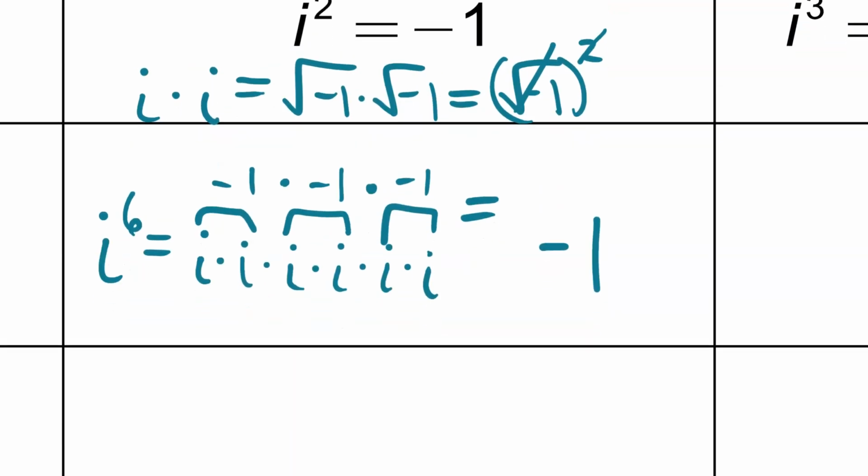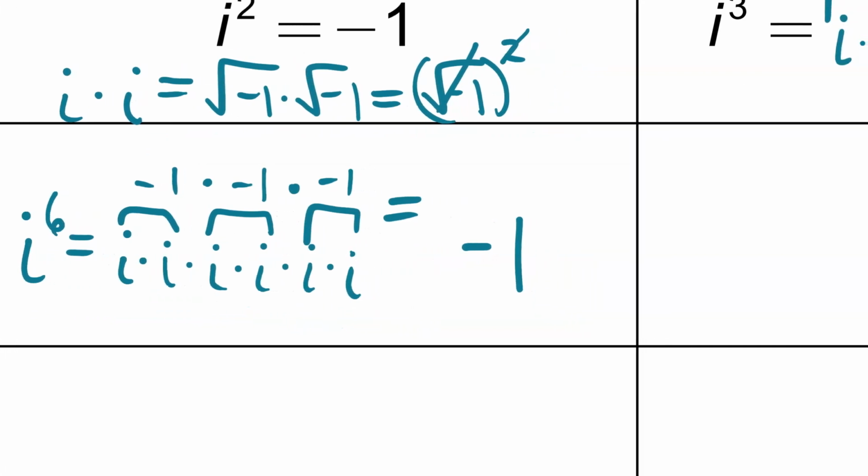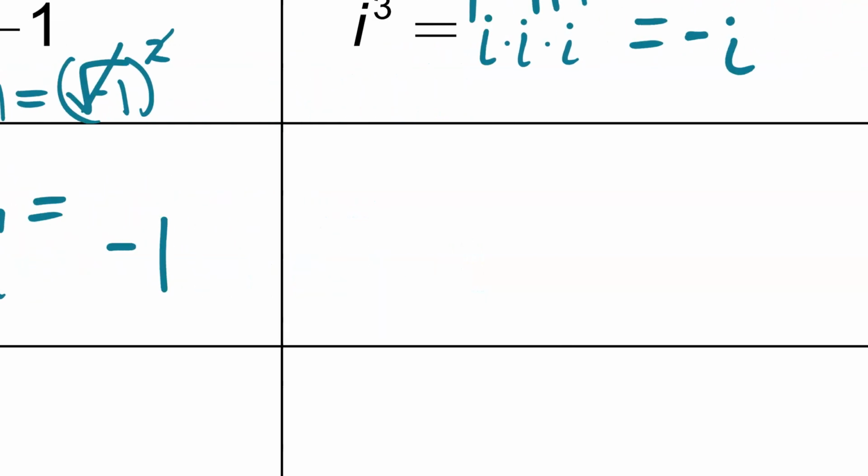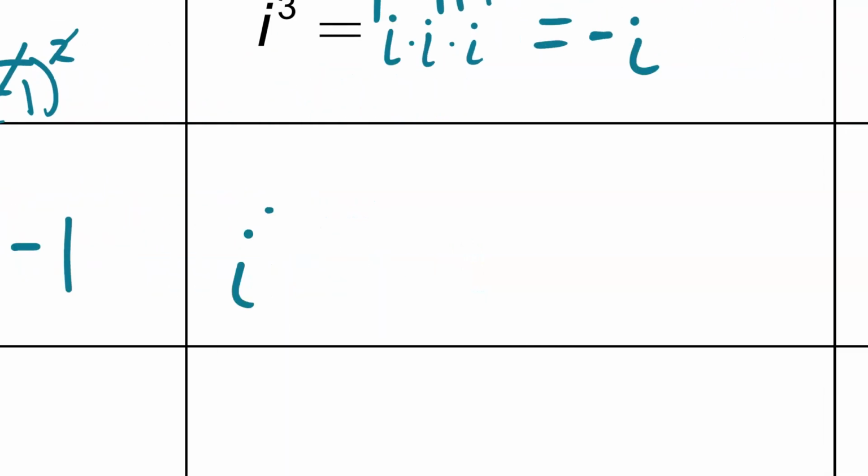I know, but they're all ones. That's the kind of thing I was trying to get at. i to the seventh. So the pattern is i, -1, -i, 1, then again i, -1, -i, 1. You just write it out.